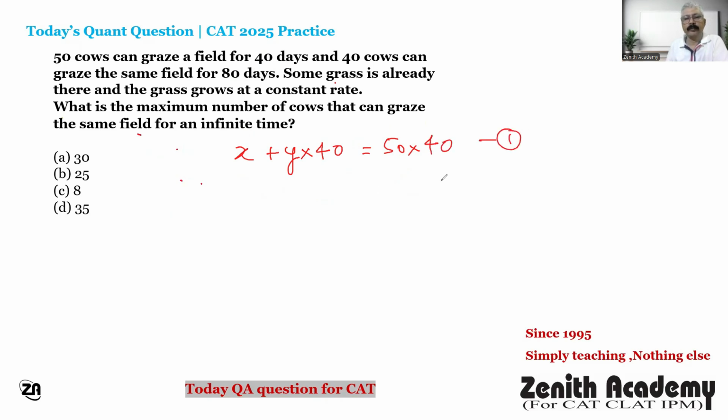This is equation number one. And in the second case, when 40 cows take entry in the same field, the X amount is fixed and Y units of grass grow daily, so X plus Y into 80 is the total requirement of these 40 cows for 80 days.